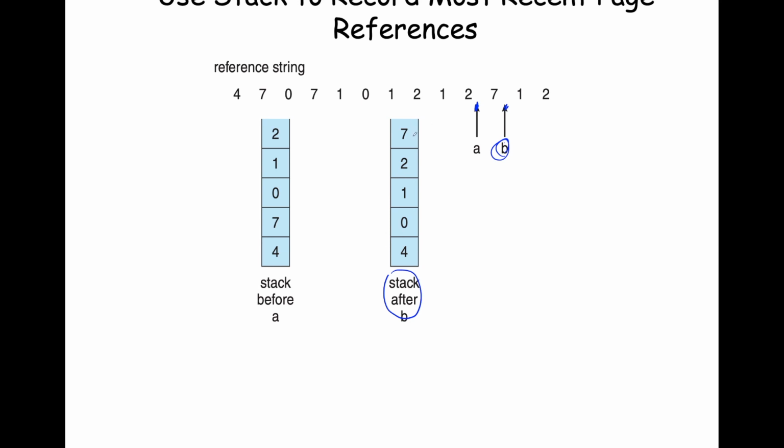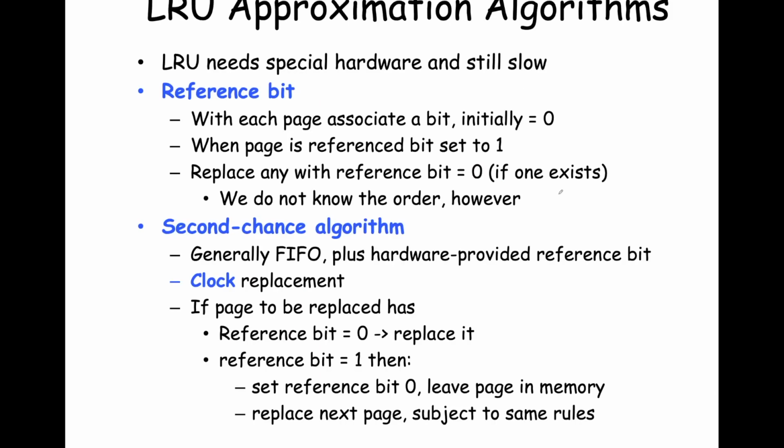The most recently used is 7, but the least recently used is down here. With the stack-based approach, we can always know which is the least recently used, the one that has been used the longest time ago into the past.